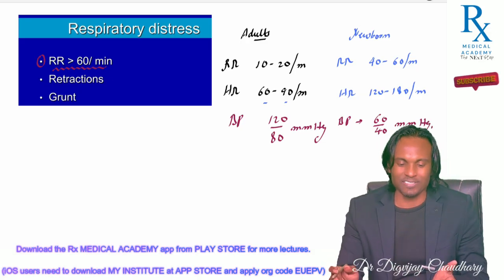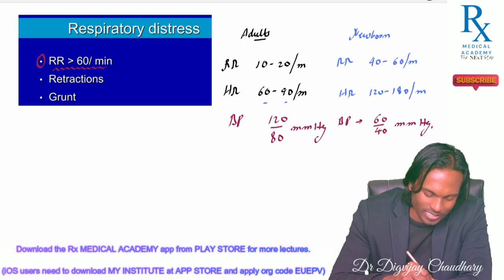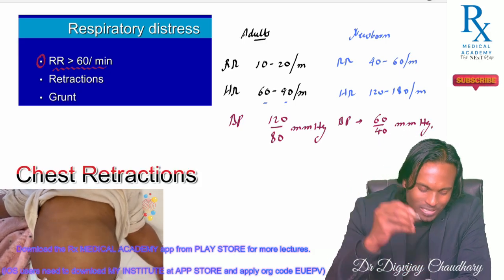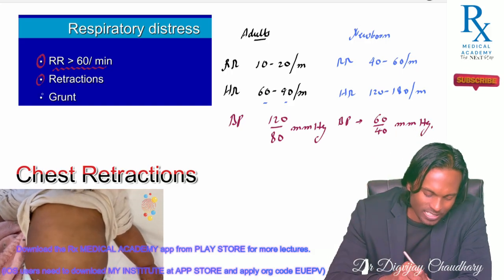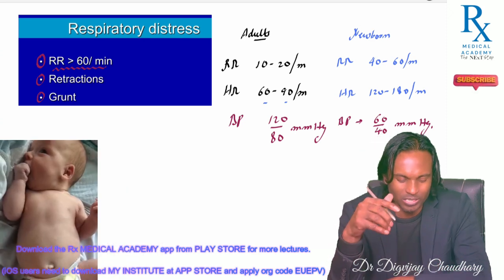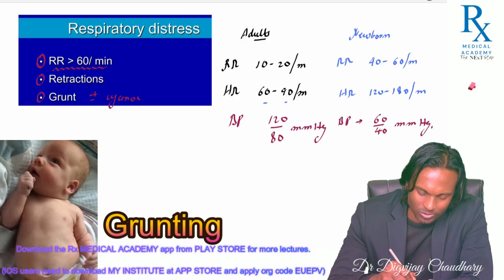Now let's understand respiratory distress of newborn. So the first most important criteria is the respiratory rate in excess of 60 breaths per minute. Then you have retractions that is related to chest indrawing, and then you can appreciate the grunting, that is the expiratory sound. Okay, we will discuss. And plus minus, let's also write down cyanosis.